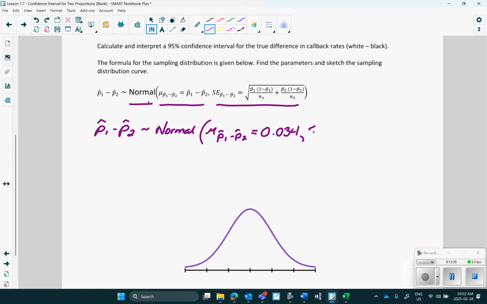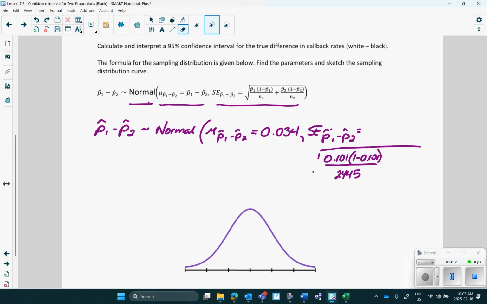And then the standard deviation of the difference between the two I'm going to do below here. It will be the first sample proportion, which was 0.101 times 1 minus 0.101, divided by the sample size of that first proportion, which is 2445. Sorry, I should make this a little bit more obvious. Taking the square root of the whole thing.